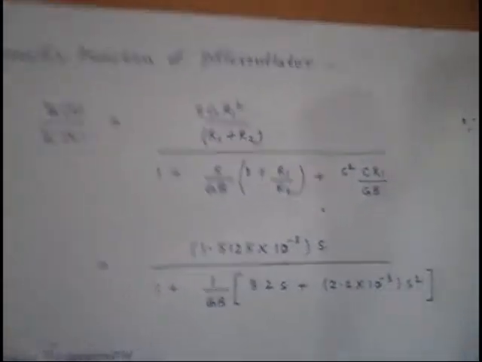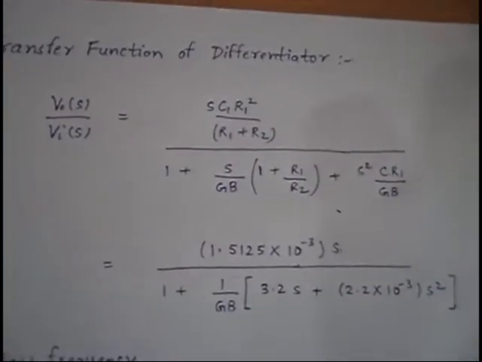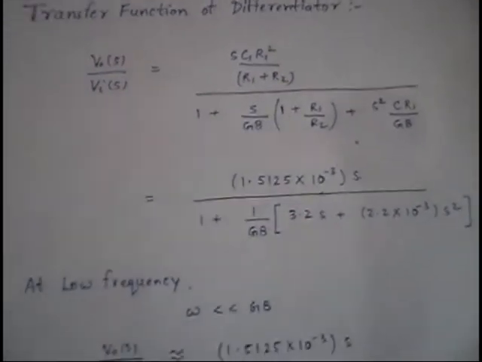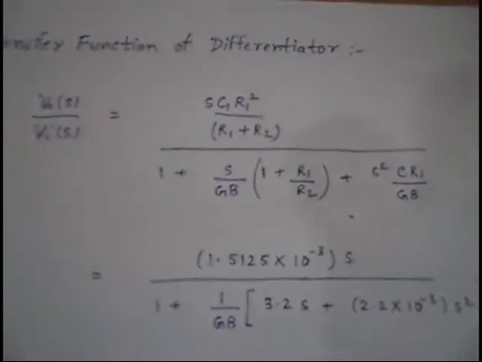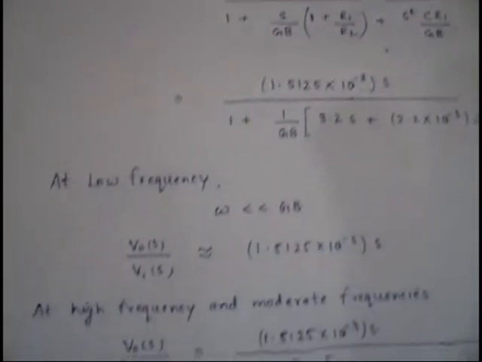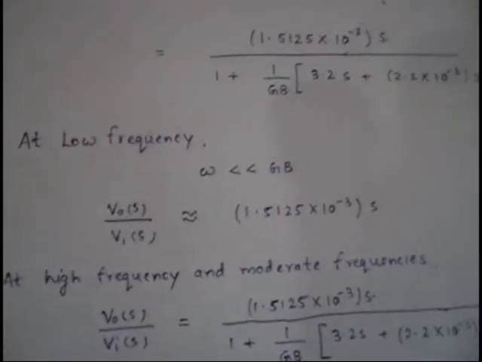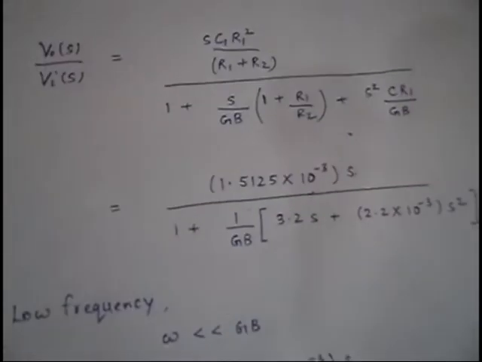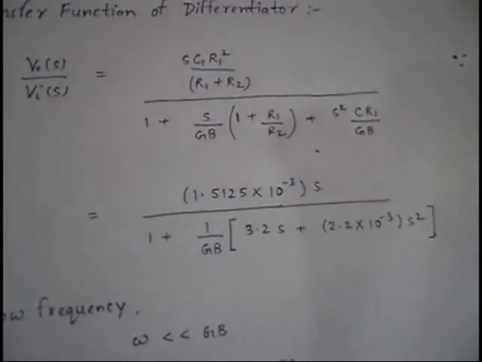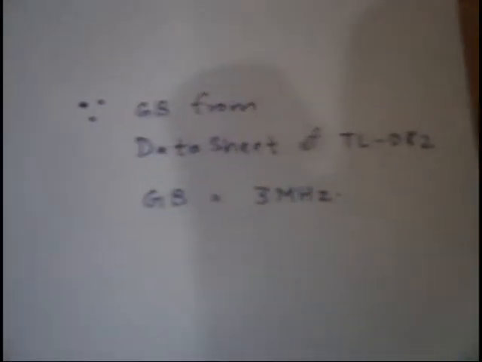And this differentiator circuit's transfer function is like this. This transfer function can be derived easily, and it is given in the PDF provided by Texas Instruments. We can see that this transfer function has two poles, and that the GB for the op-amp is very large. In this case it is 3 MHz from the dataset, which we have written down.